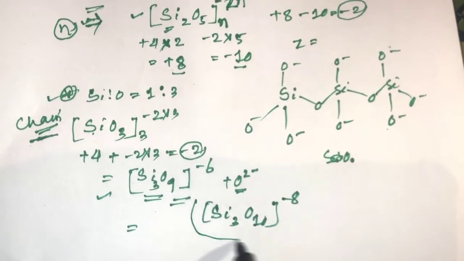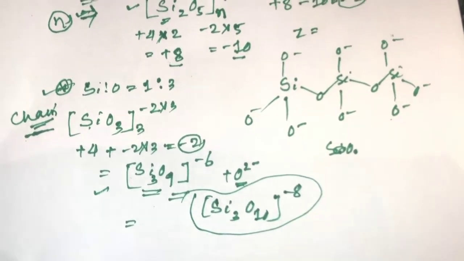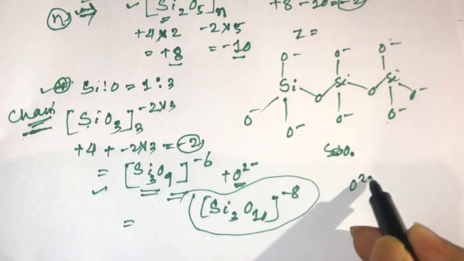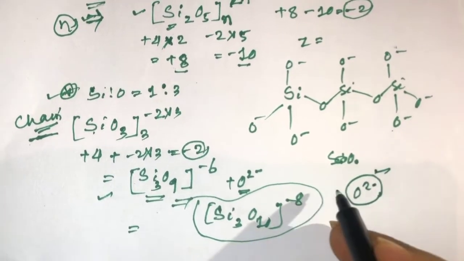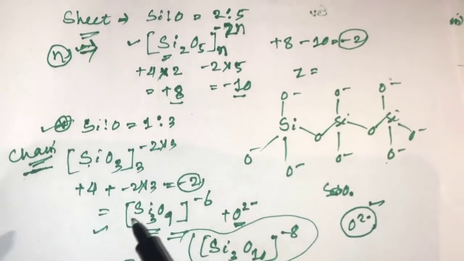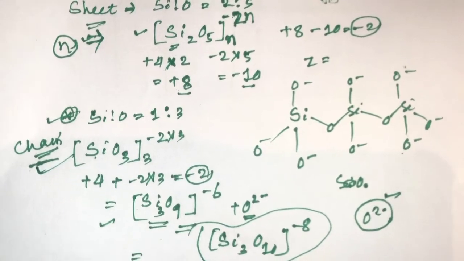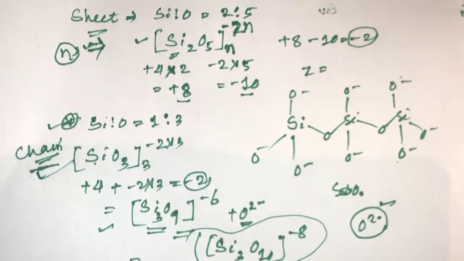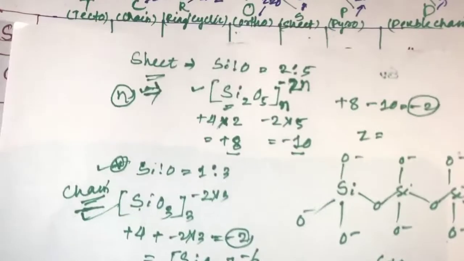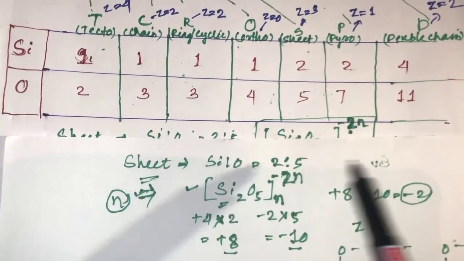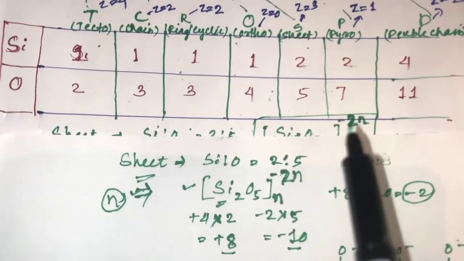This is the formula for chain silicate. It is an exception that you have to add one oxygen unit to the above particular ratio when writing the general formula for chain silicate. So this is all about the different types of silicates. You can write all the structures of different types of silicates by using this table.